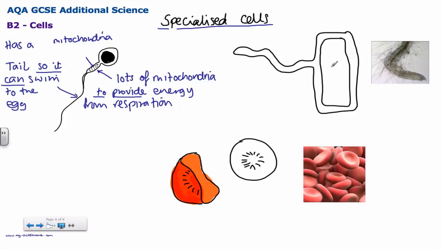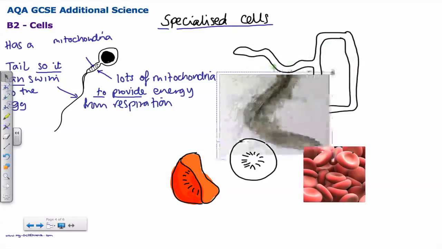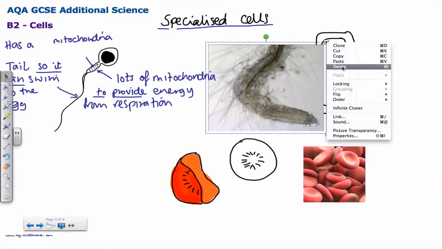This structure over here is another common type of cell you see. It's called a root hair cell, and I've got a picture here for you to see. Okay, this is a root. It's been magnified, and the root hairs are these strand-like structures that come off the root, and they are actually very small, and they are actually cells.